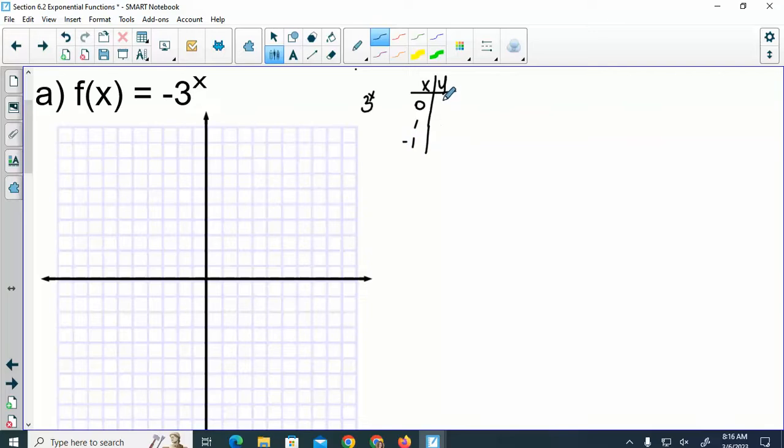What is anything to the 0 power? Okay. What is 3 to the first power? And 3 to the negative 1 is 1/3, the negative flips it. So this is my parent function. You could do more points if you wanted, but it's not required.